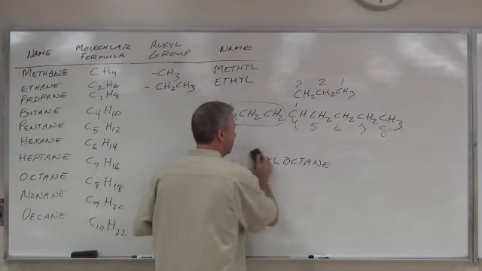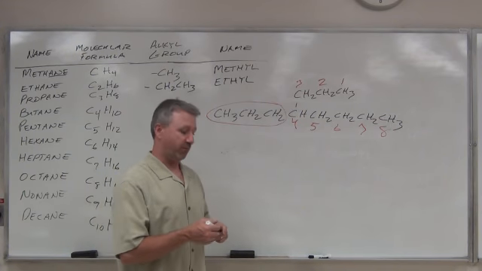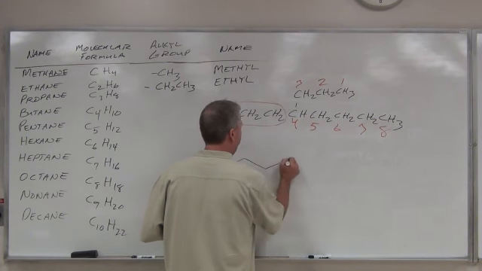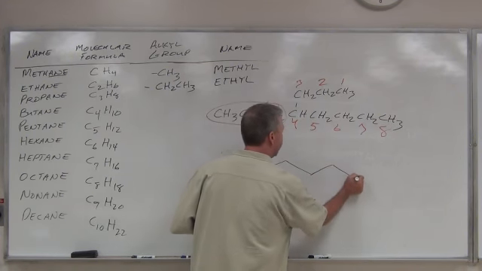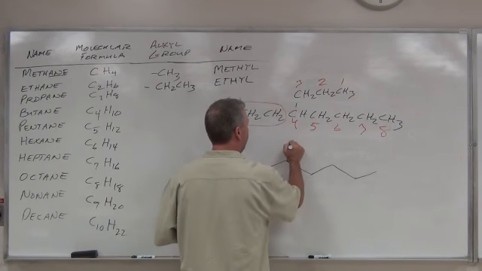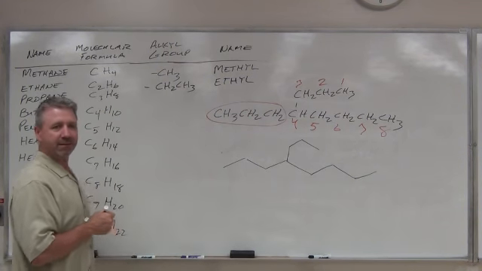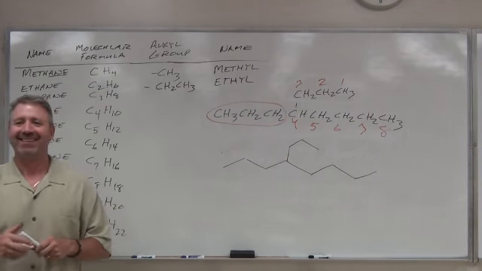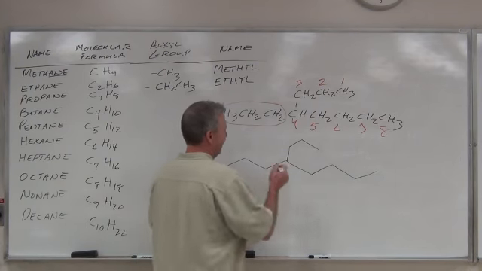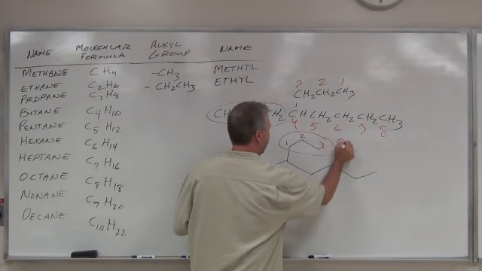If I were to look at that using our skeletal formula, I'd have 1, 2, 3, 4, 5, 6, 7, 8. 1, 2, 3, 4. Connect carbon 1, 2, 3. That's what it would look like. Here's our 1, 2, 3 carbon propyl group right there.